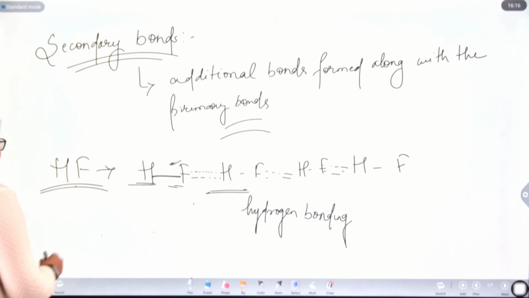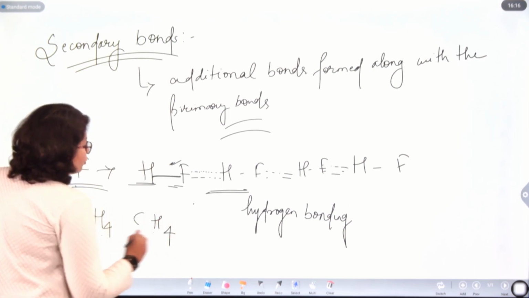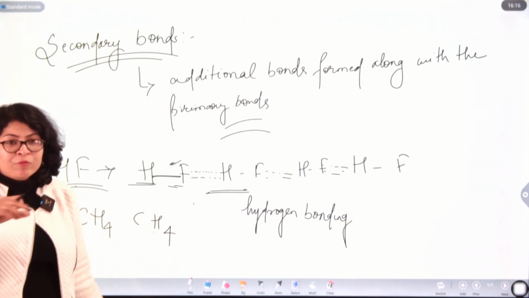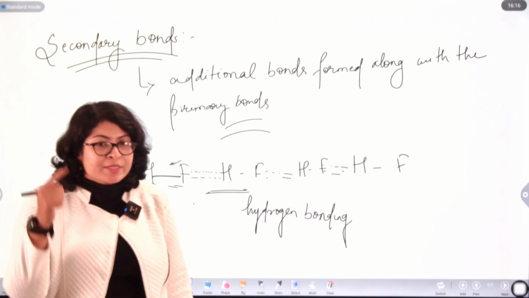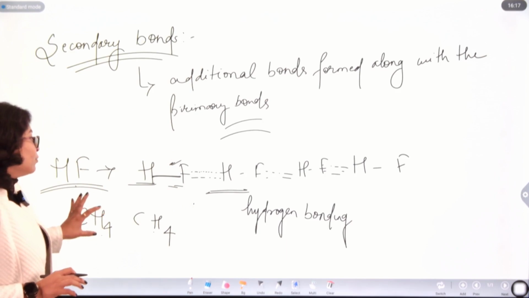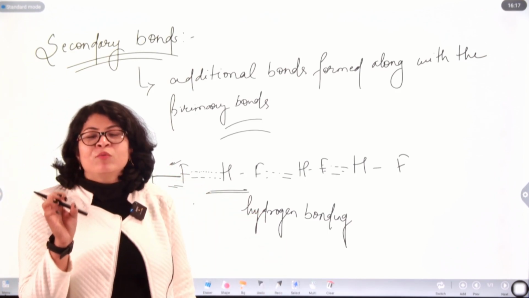Next thing, suppose there are methane molecules closer to each other. So basically carbon at the center and 4 hydrogen atoms, there are electron densities among themselves, there are nuclei also. So one methane will be attracted to another methane by a very feeble force of attraction.